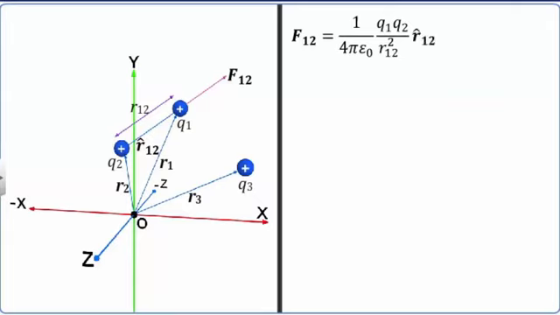R12 is the distance between Q1 and Q2 and R12 cap is the unit vector in the direction of the force F12.